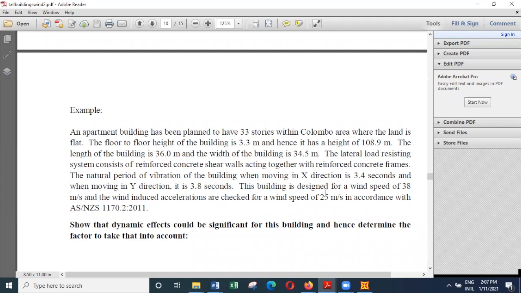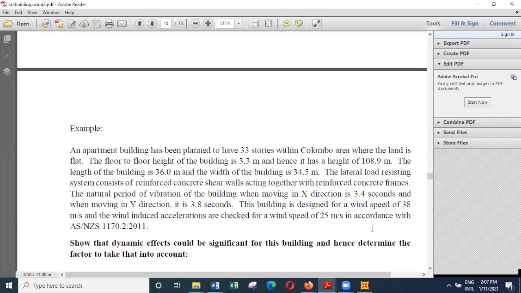That's why you get wind speeds of 25 meters per second and 38 meters per second. The 38 meters per second is used to determine any value relevant to ultimate strength, whereas the lower wind speed of 25 meters per second is used when you want to determine wind-induced accelerations. Is that clear?